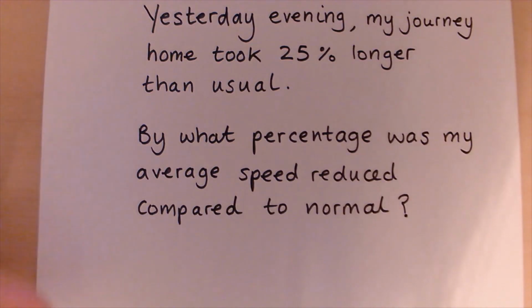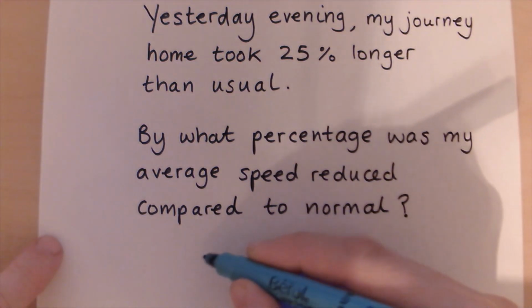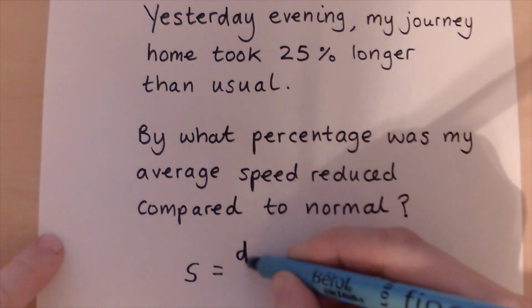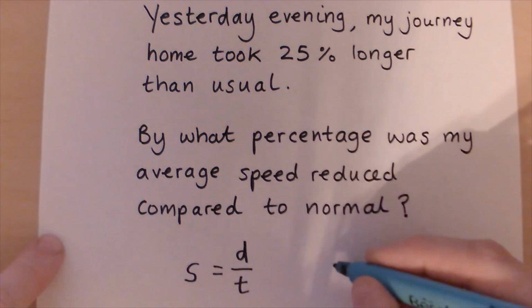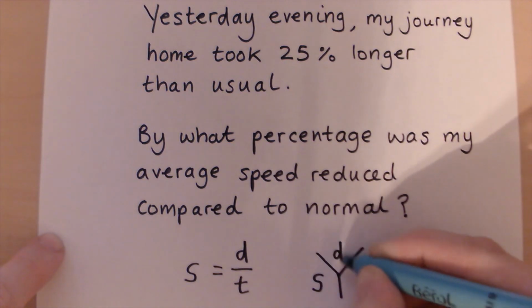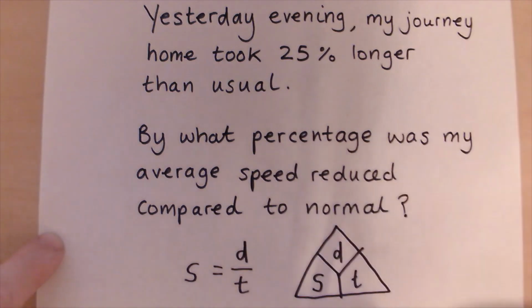For this one, I'm going to give you a bit of a clue to get you started. Some teachers teach speed, distance and time like this. Speed is equal to distance divided by time. And some teachers like to use triangles and say speed, distance and time, and they can put a triangle over it like this.